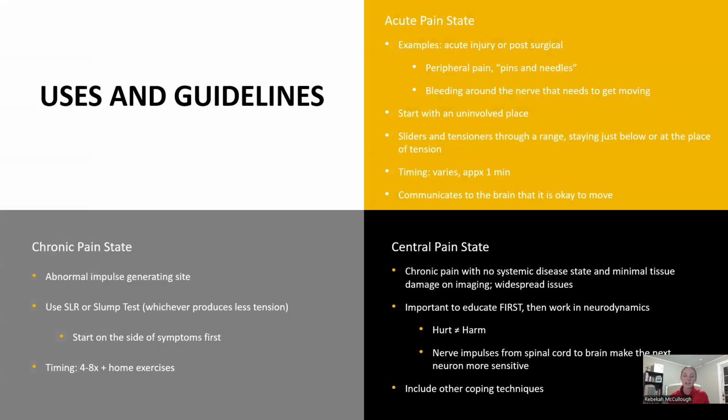And understanding that is a huge component of this, especially when you're considering they might have more adrenaline sensitive ion channels in the tissue. And then it's also important to include other coping techniques along with the neurodynamics as well, again, to address more of that stress state.